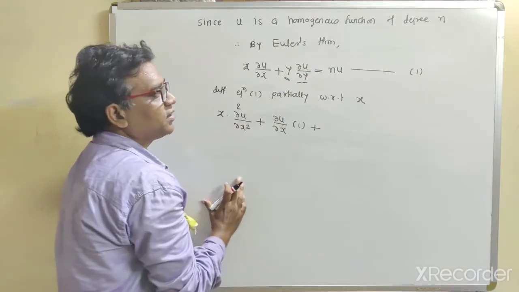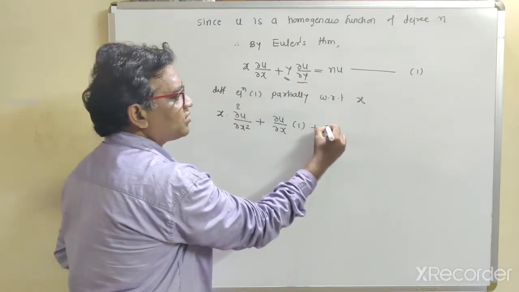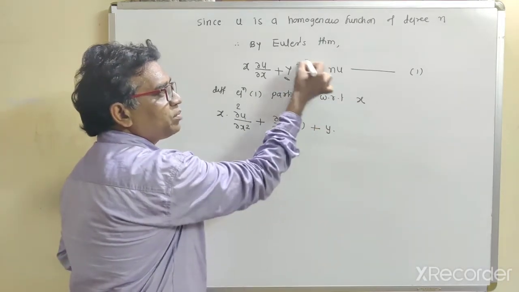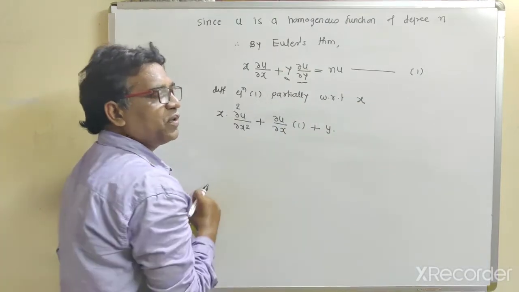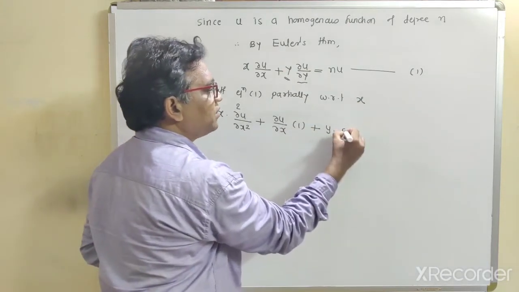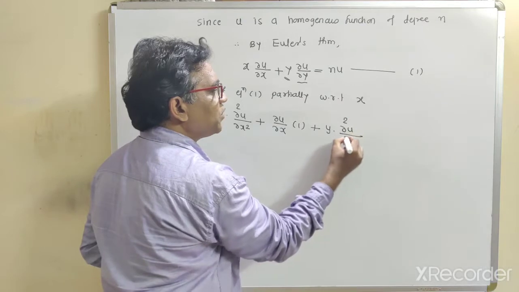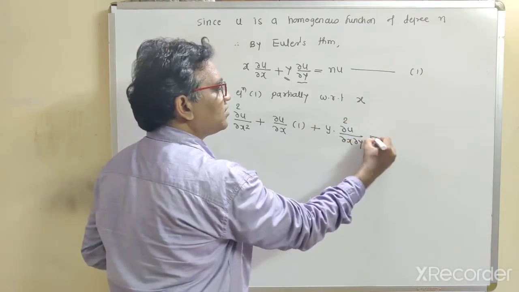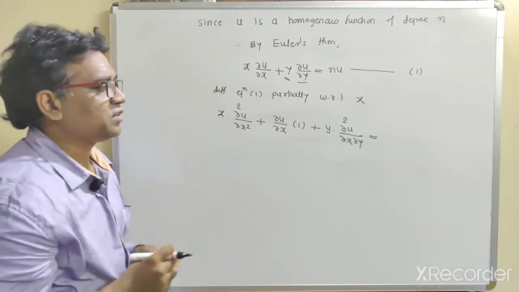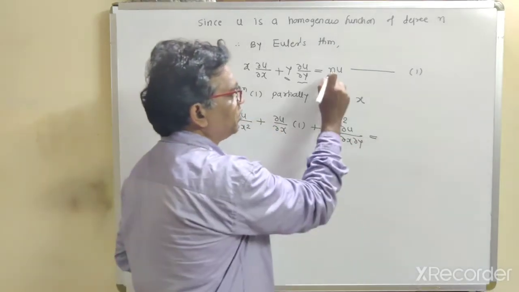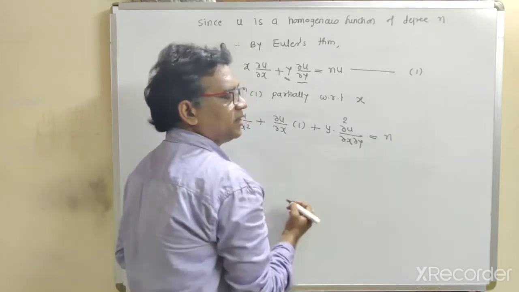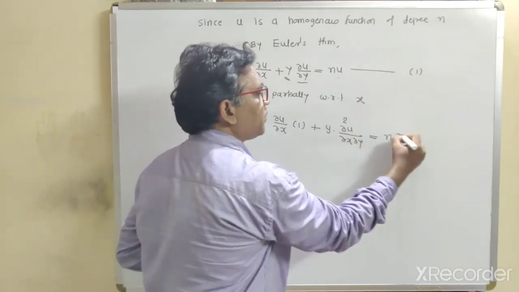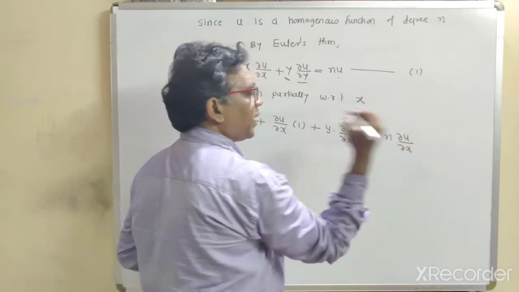So y is a constant term, so write it as it is into the derivative of this term partially with respect to x, which will be del square u by del x del y, is equal to n, this is a constant term, and derivative of u partially with respect to x is del u by del x.